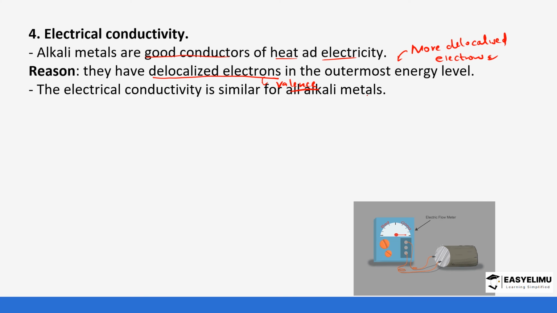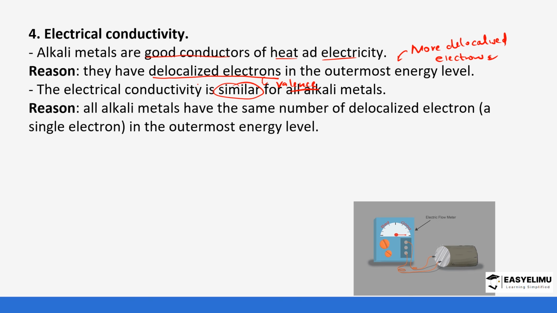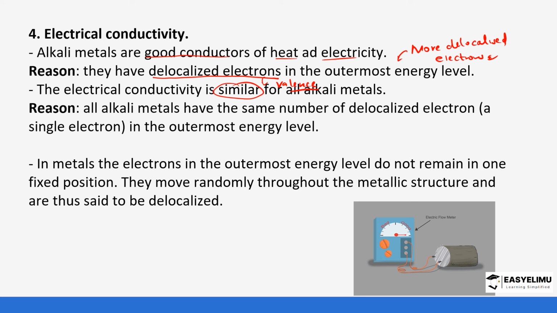So that's why we are saying that the electrical conductivity is similar. The word similar is coming because they have the same number of delocalized electrons. So in metals, the electrons in the outermost energy level do not remain in one fixed position, they move randomly through all the metallic structure, and that is why we have called them delocalized.